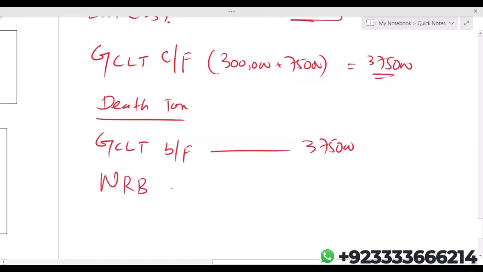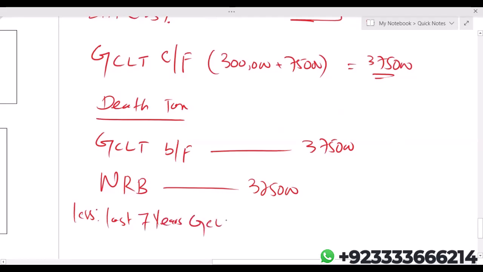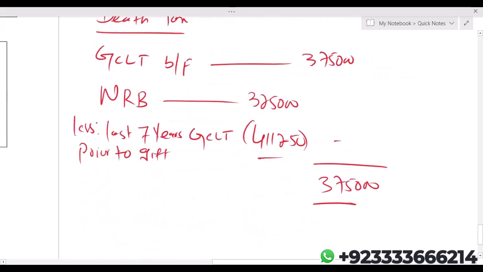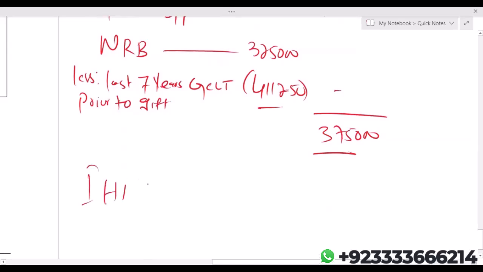Again, I'm writing nil rate band 325 less last 7 years gross CLT prior to gift, which we have. I'm not getting anything. 375, IHT will be 40%: 1,50,000.